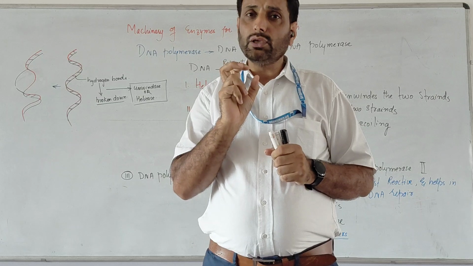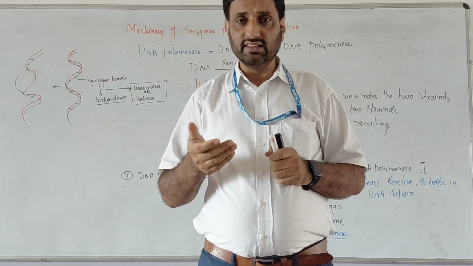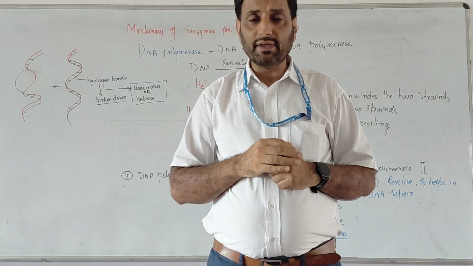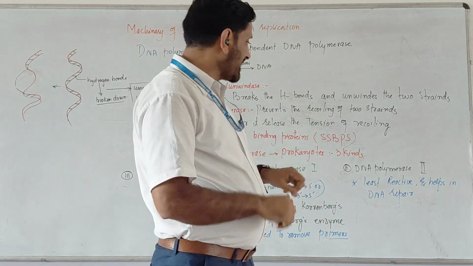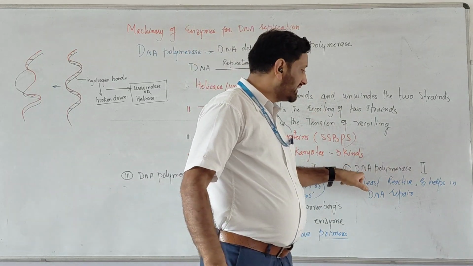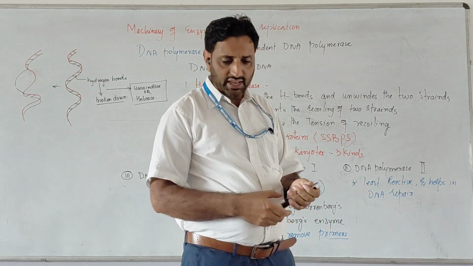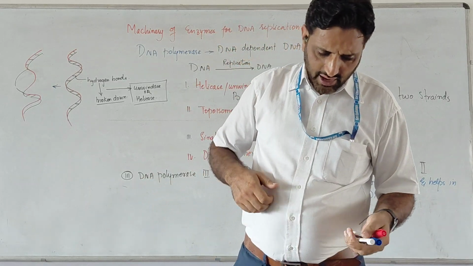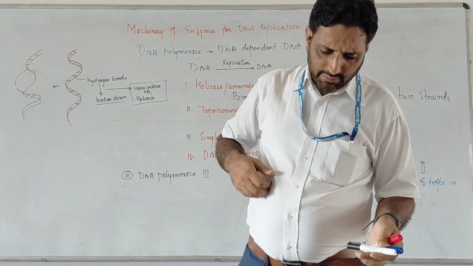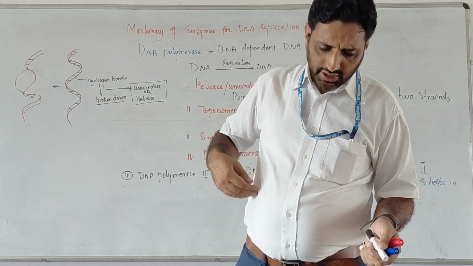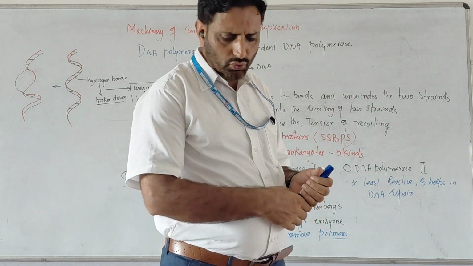That wrongly synthesized DNA needs to be repaired, and the repair is done by this enzyme, DNA polymerase 2. It is least reactive and helps in DNA repair. Is this clear? Also, polymerase 1 and polymerase 3 have the exonuclease property.